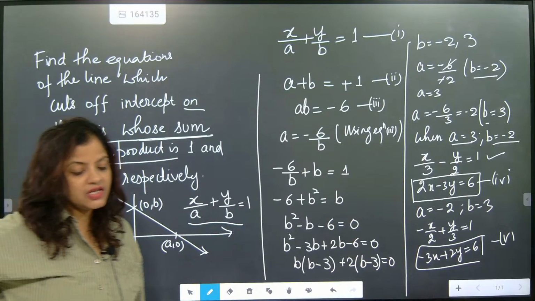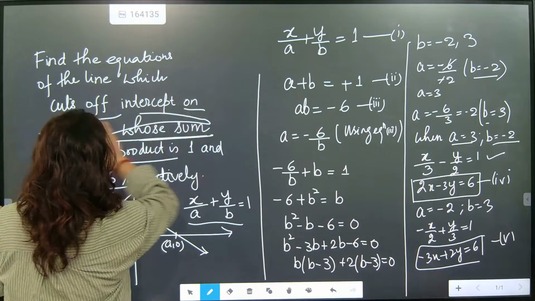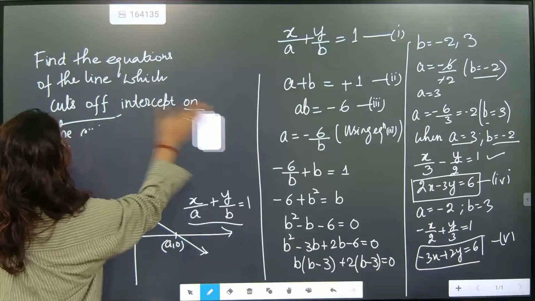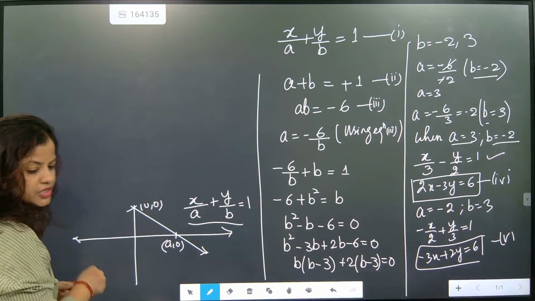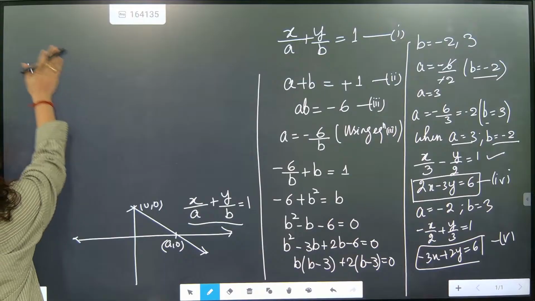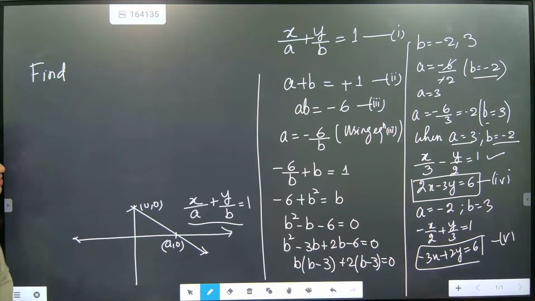Now, the next question we are going to solve. The question is: find the equation. Everyone try this question.